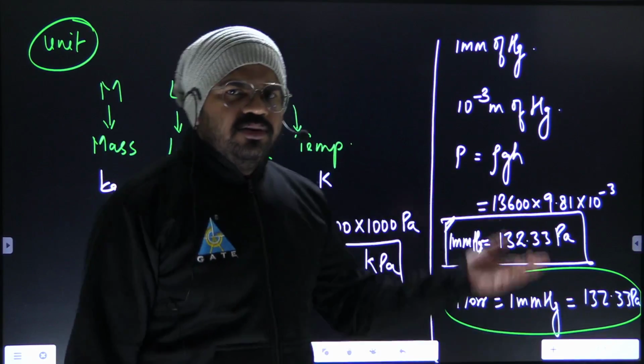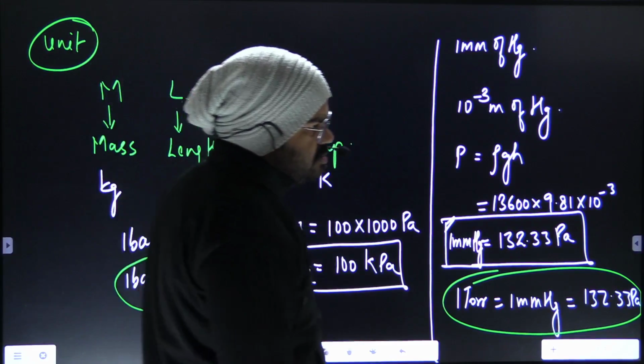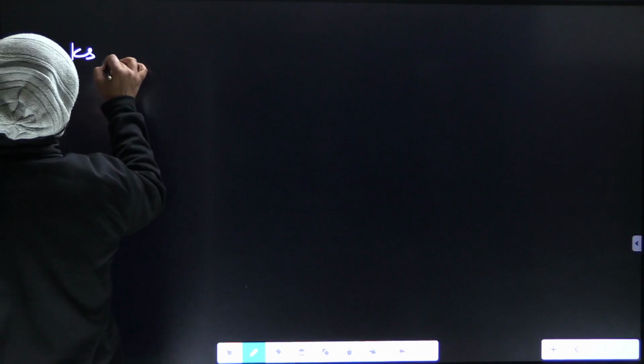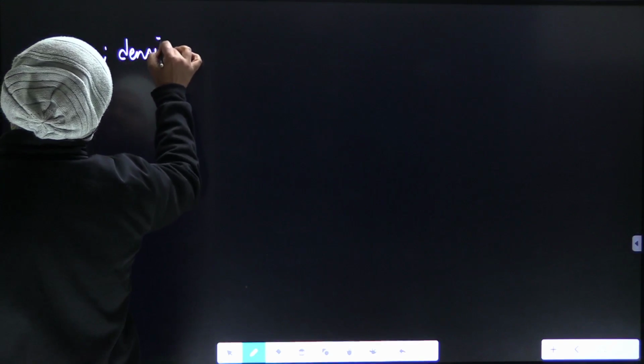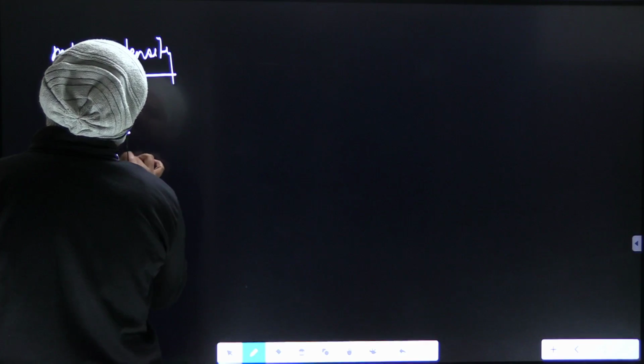Right? Now, there is some problem in converting MKS to CGS. For example, in MKS, the unit of density is given as kg per meter cube.